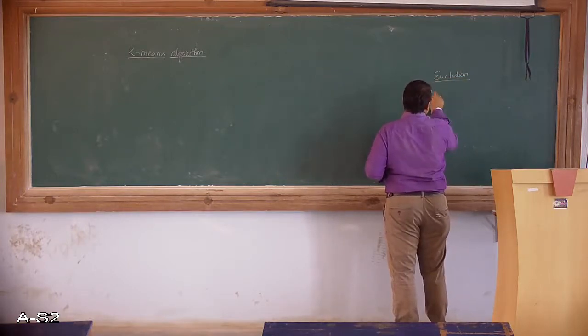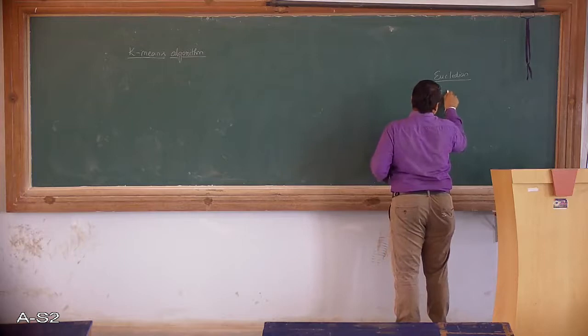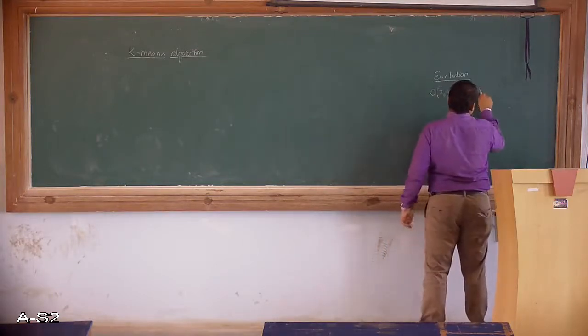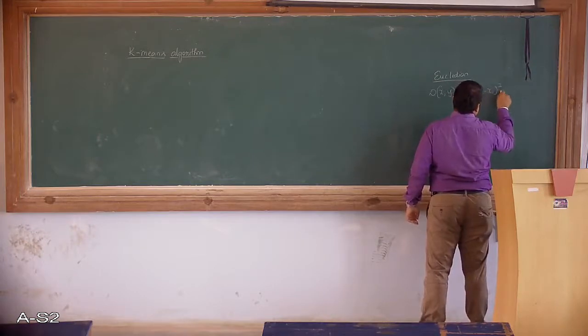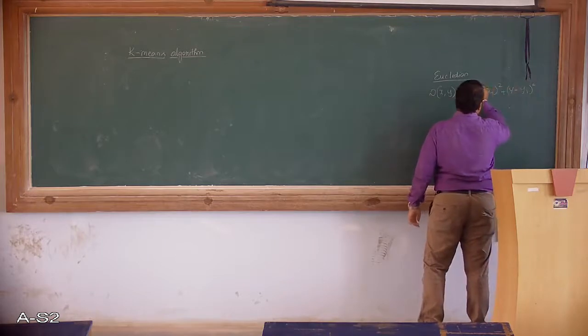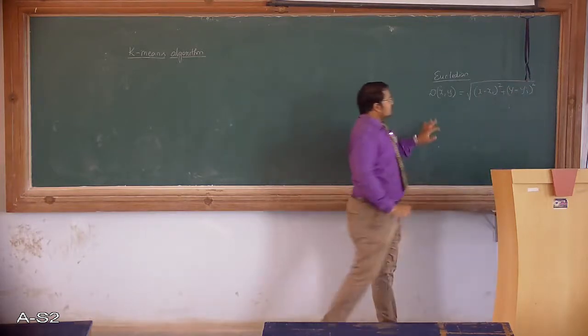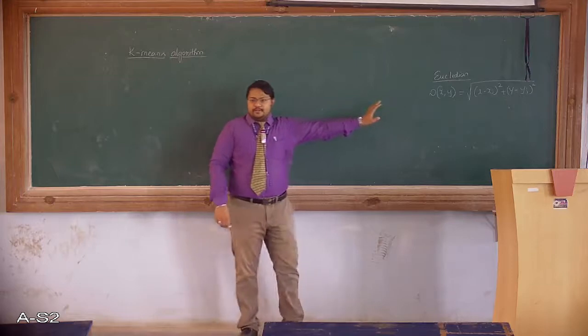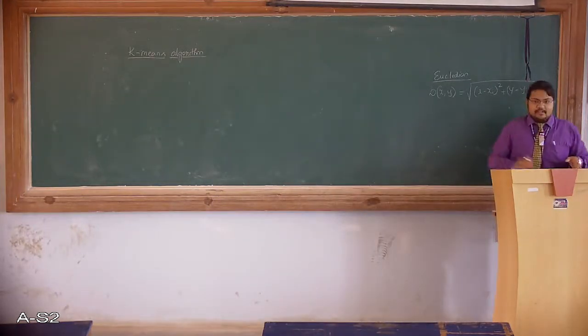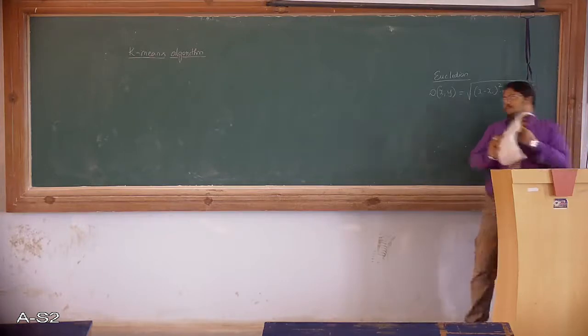The Euclidean distance between 2 points x and y is given by the square root of (x minus xi) the whole square plus (y minus yi) the whole square. So this is the equation to find the Euclidean distance between 2 points.